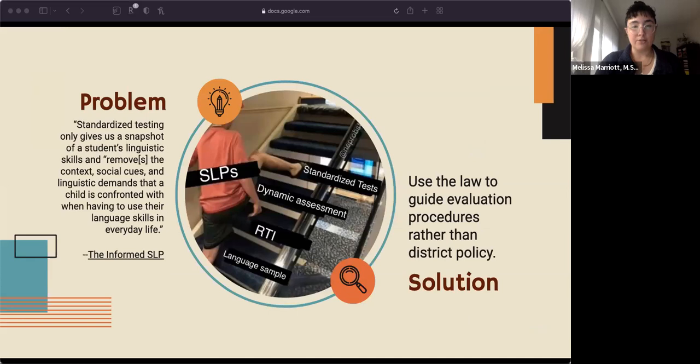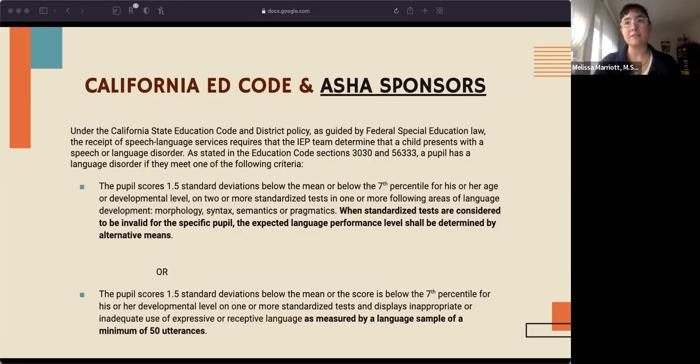So again, like I said, institutions really sort of adopt these standardized measures as being the most accurate. And we can see that when it comes to California Ed Code, right?